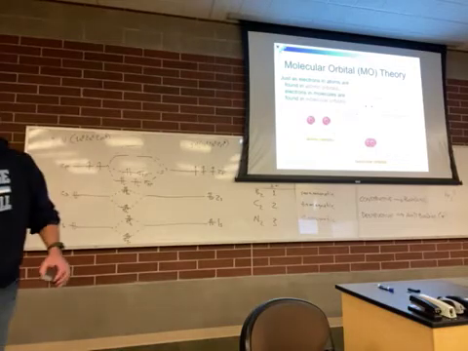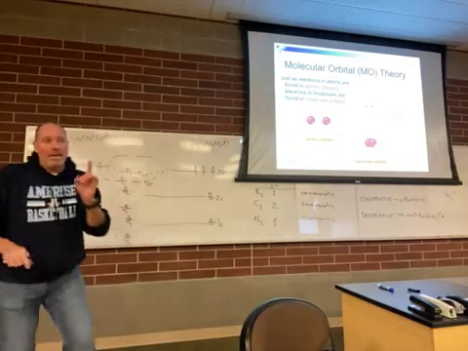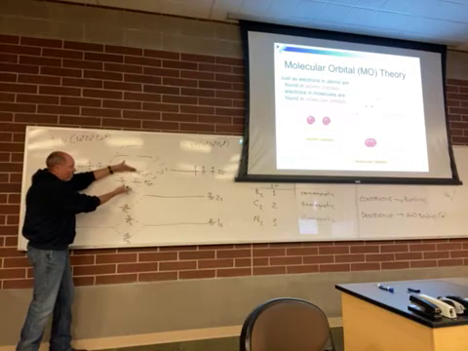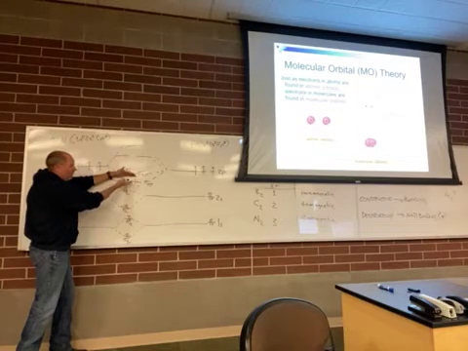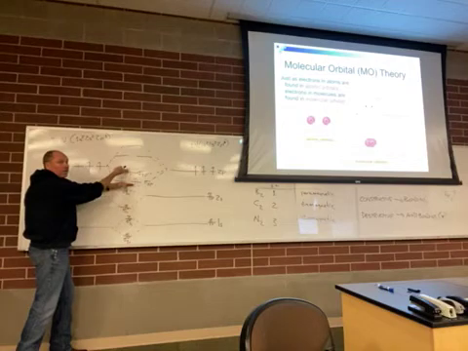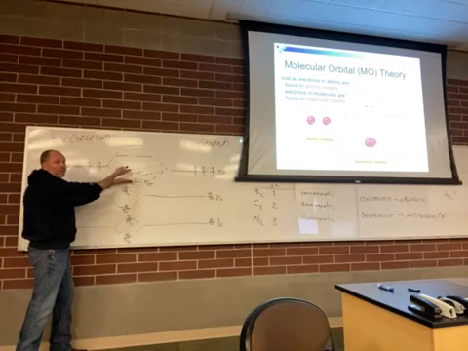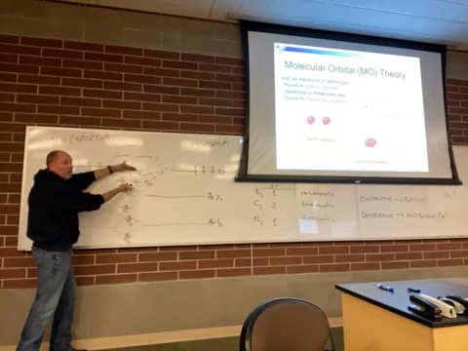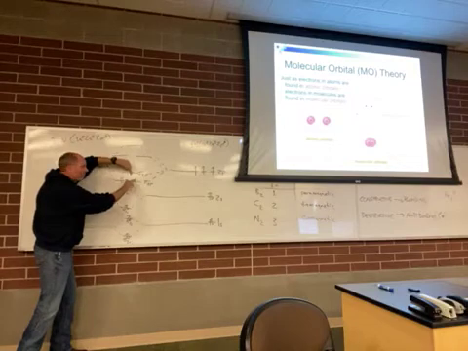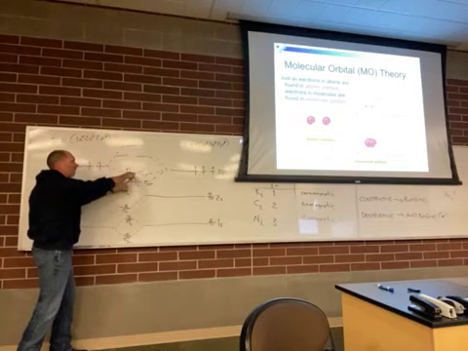And here's what happens. As I begin to fill these orbitals, okay, stay with me. Boron, carbon, nitrogen, oxygen flips. See where the smudge is? Boron, carbon, nitrogen, oxygen.